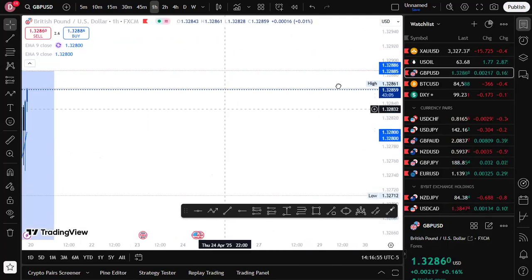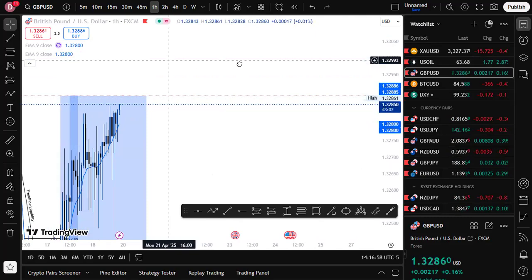So let's see a graphic representation of the tweezer top and the tweezer bottom.